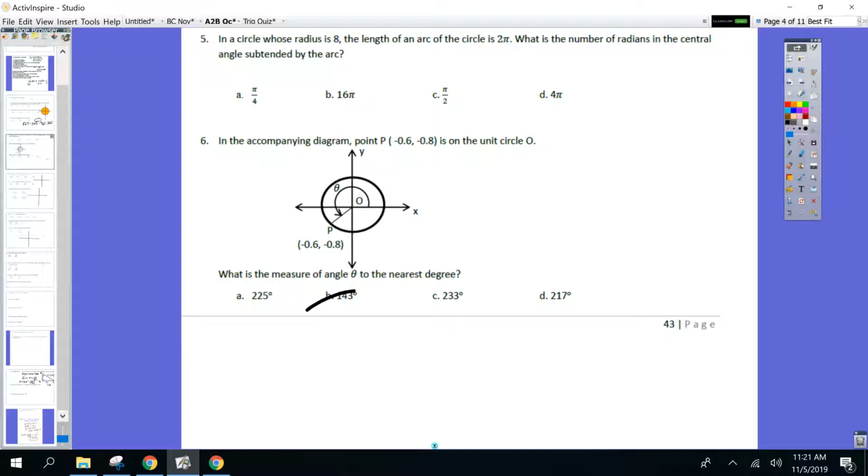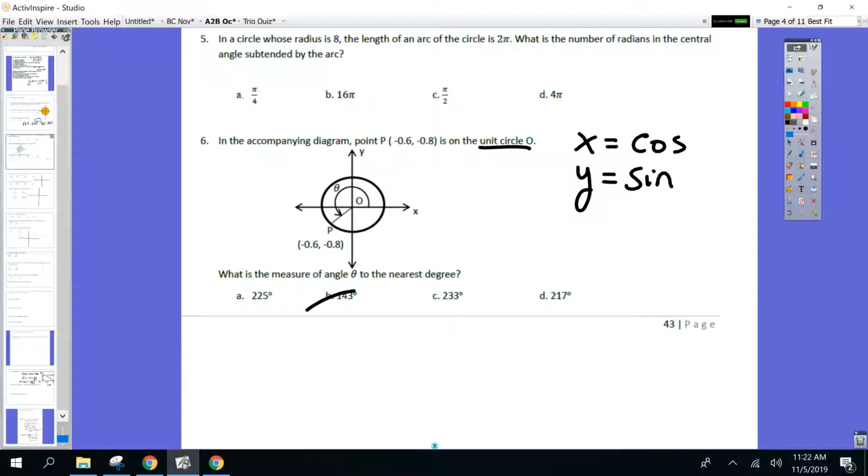All right, and what circle am I on here? The unit circle. So in my mind, I'm thinking the x-coordinate is the cosine and the y-coordinate is the sine. Do you have a preference, negative 0.6 or negative 0.8? Okay, so we're going to do the sine.